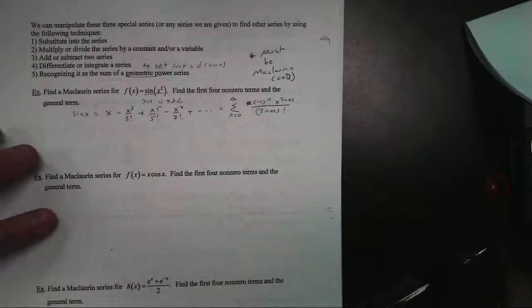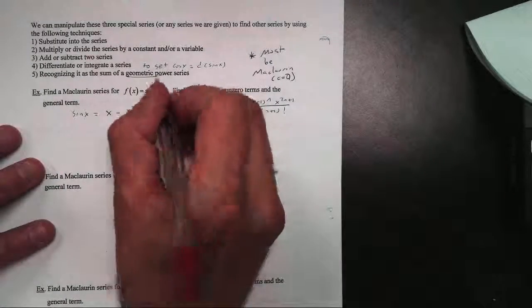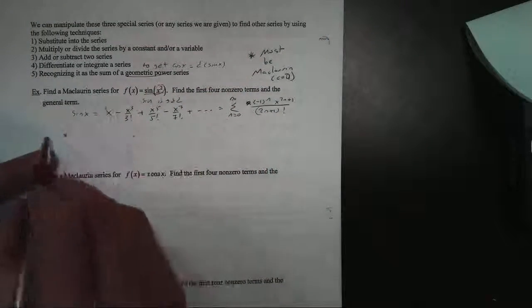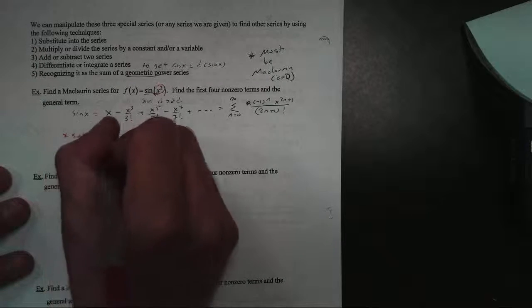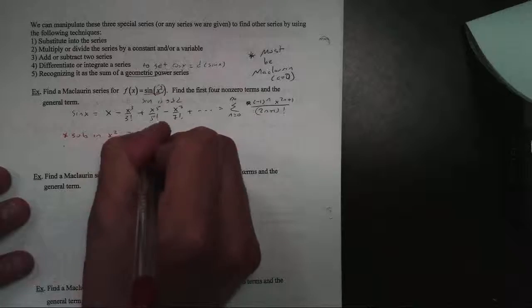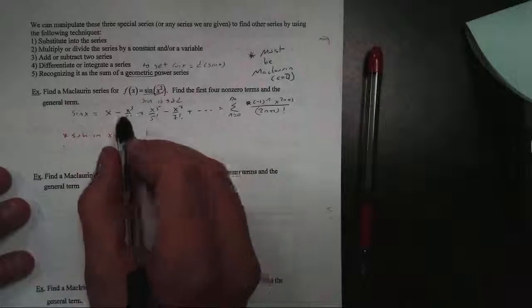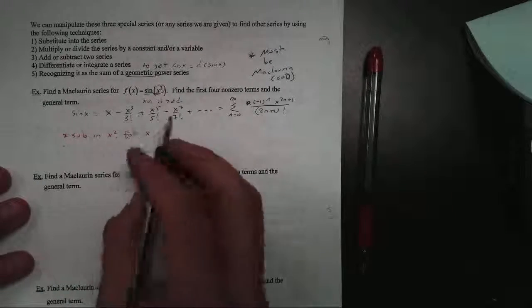Well, I don't want sine of x, I want the sine of x squared. That's very easy to do because one of our techniques is to substitute. I can sub in x squared for all my x's. So everywhere there's an x, I'm writing x squared.